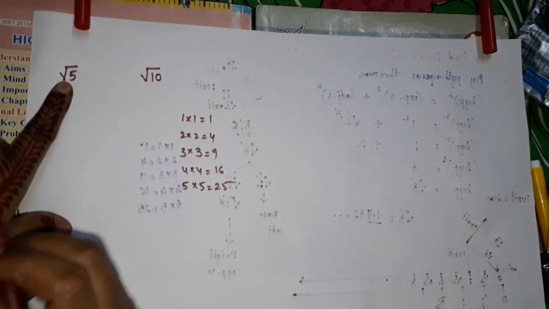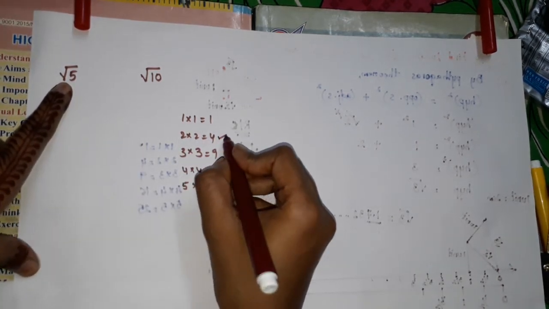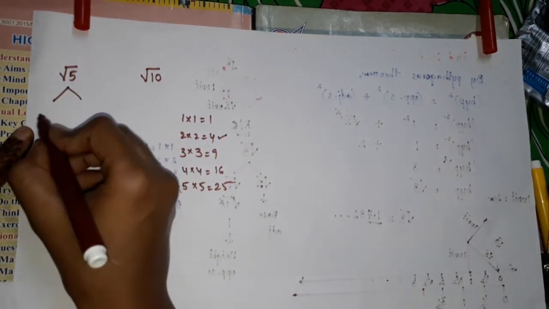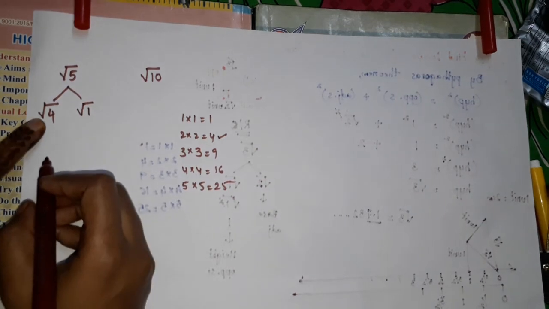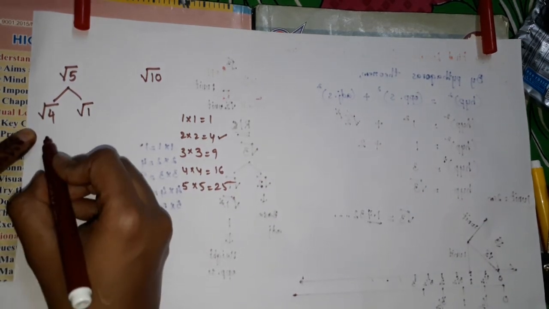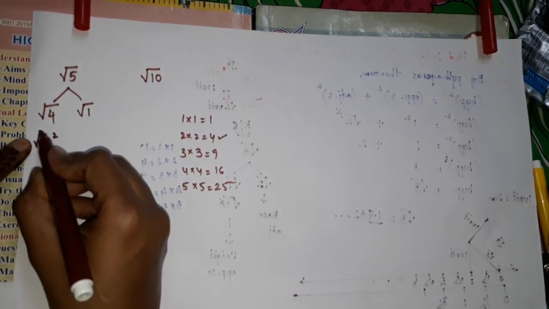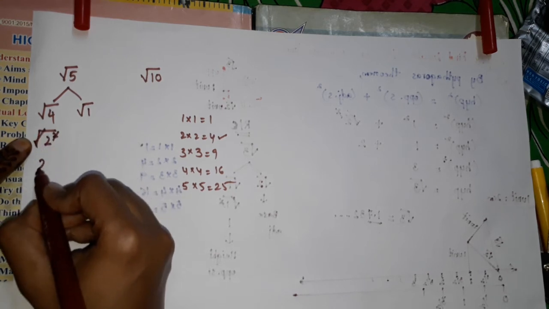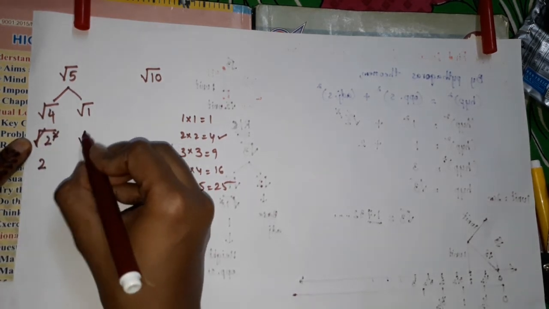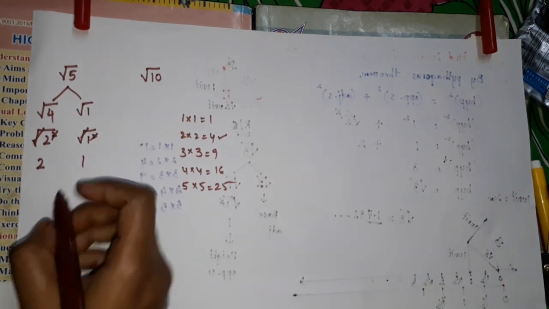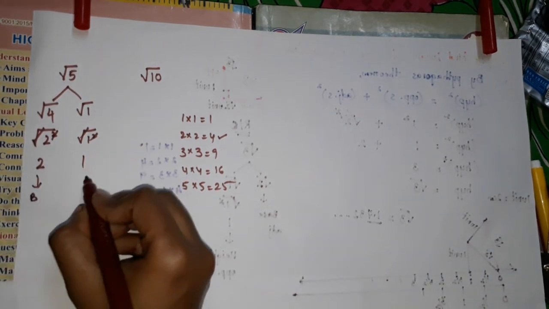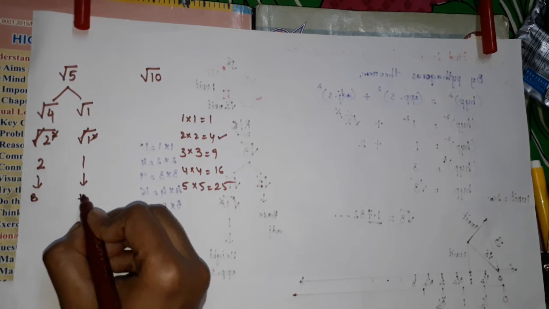As the number is 5, it is nearest to 4, so I am going to split it into √4 and √1. √4 is nothing but 2 square, 4 is nothing but 2 square, the square root gets cancelled, that is nothing but 2. What is 1? As you all know, 1 square, we'll write 1 as it is. 1 is the height, so the base is 2 and the height will be 1.